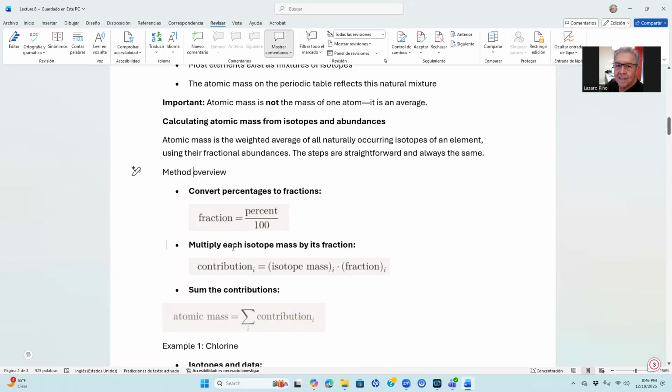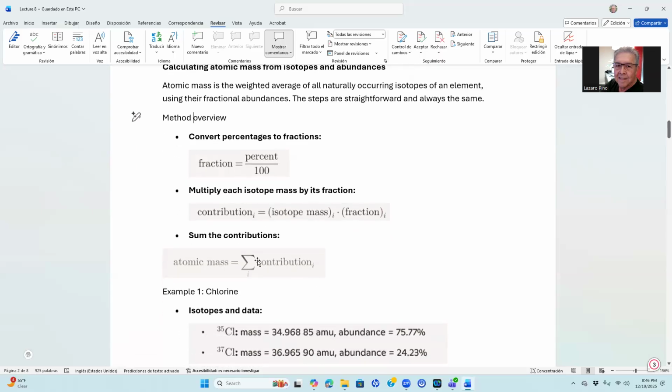Then you multiply each isotope mass by its fraction to get the contribution of each isotope. The sum of all the contributions of the different isotopes is what we call atomic mass.